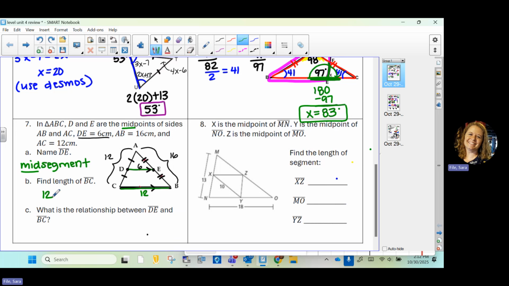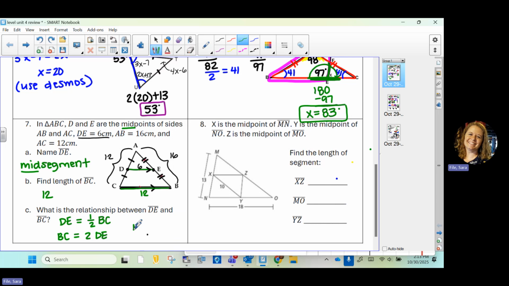Now it says, what is the relationship between DE and BC? So that's what we just said. We said it's half. So we could say that DE is half of BC. Or we could reverse it and say BC is double DE. Both of those are true.